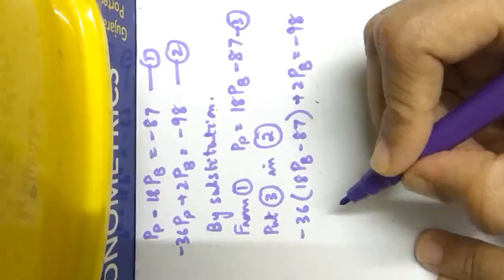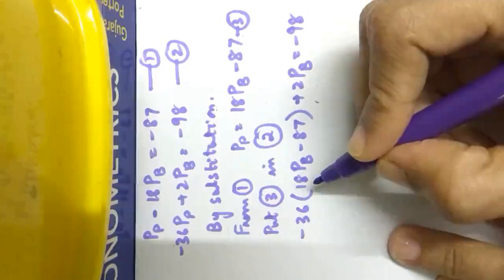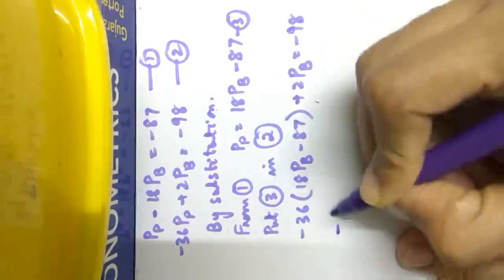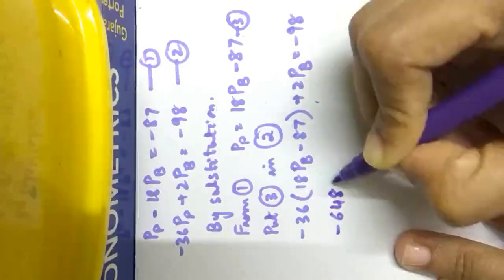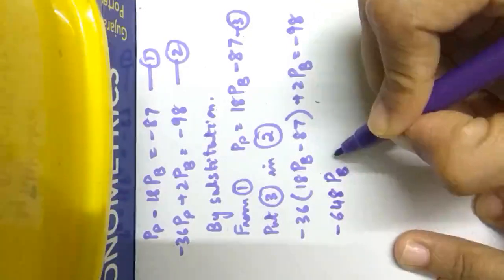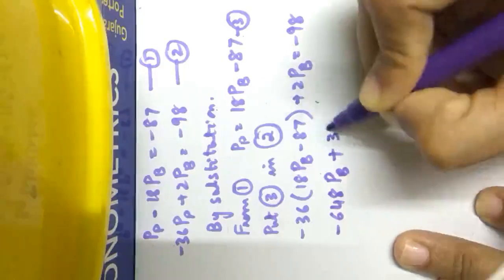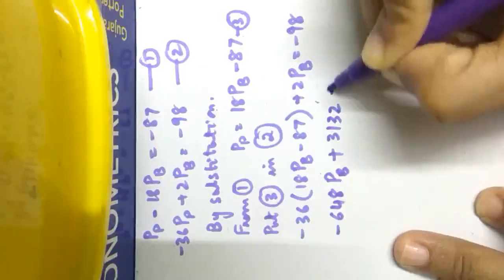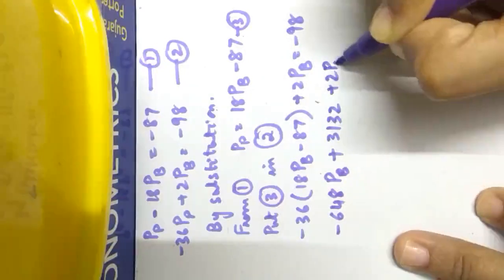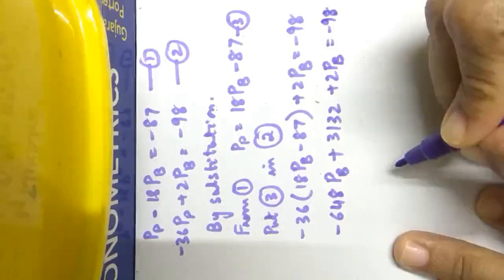Now you need to use your calculator to find out that minus 36 times 18 is minus 648 PB, and minus 36 into minus 87 will give me plus 3132, plus 2 times PB is equal to minus 98.